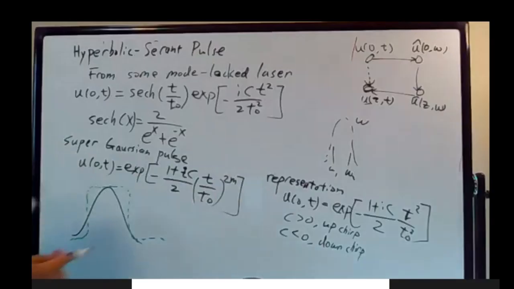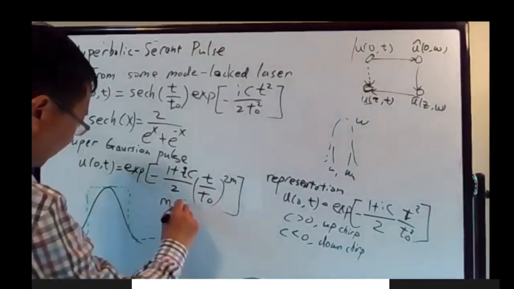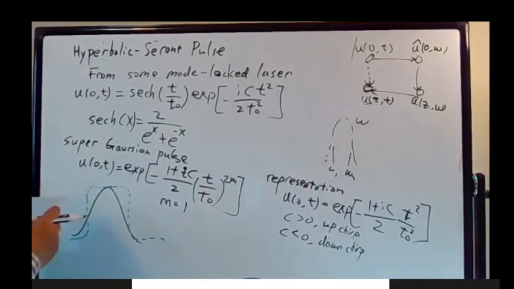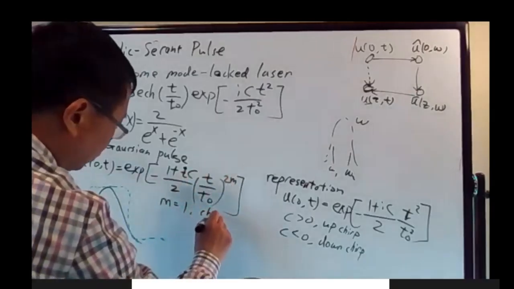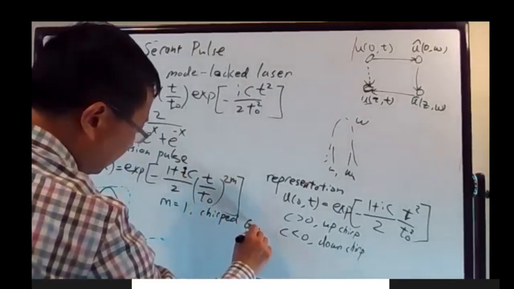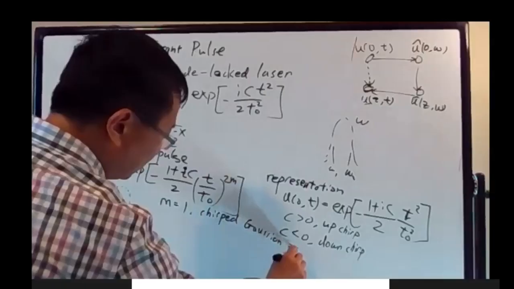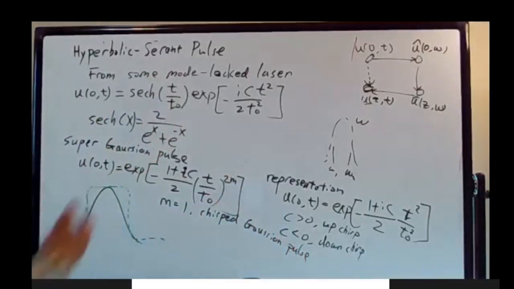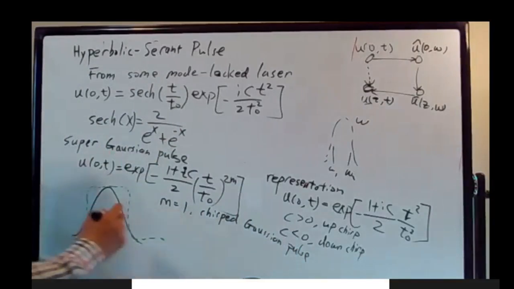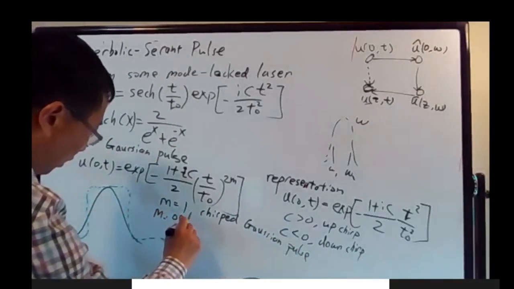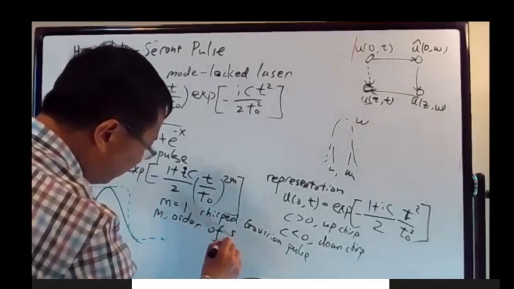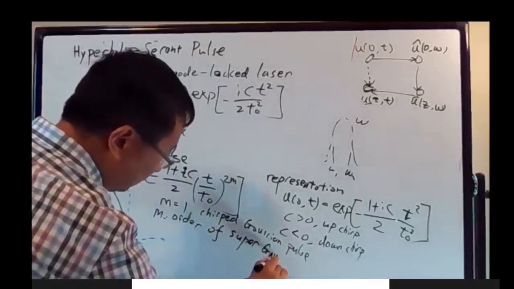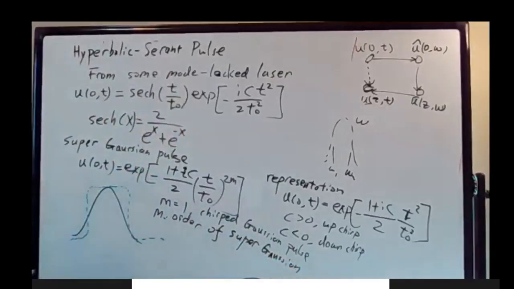If m is 1, that is the chirped Gaussian pulse, right? m is the order of this super Gaussian.